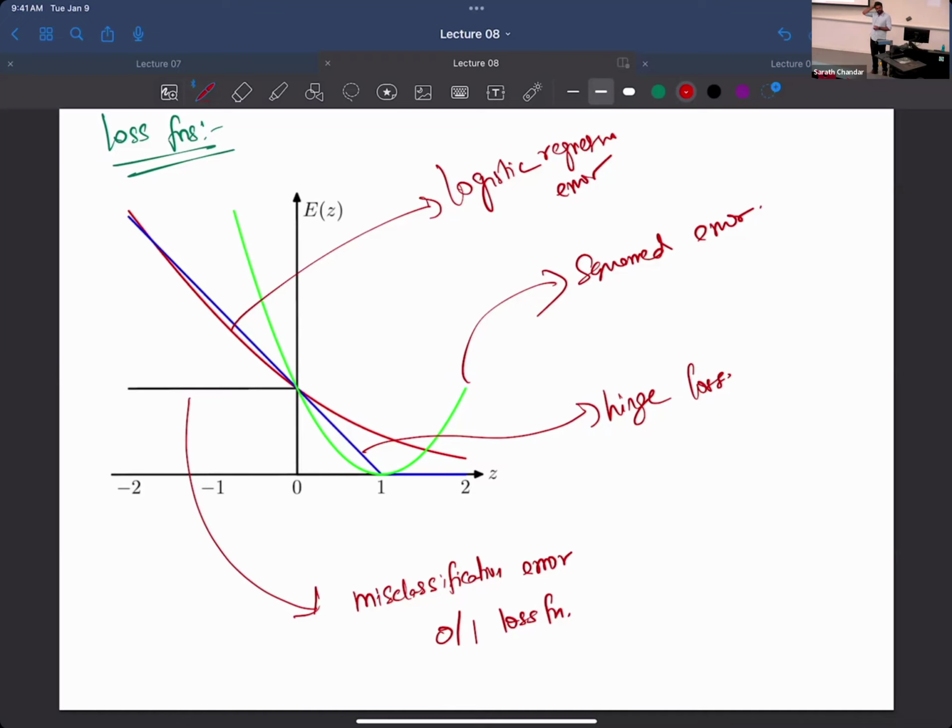For any application, we care about reducing misclassifications. In the end, I want a classifier which doesn't have any misclassification, reducing the errors as much as possible. The best way to count the errors is just misclassification: you put 0 when there's no error and 1 when there's an error.